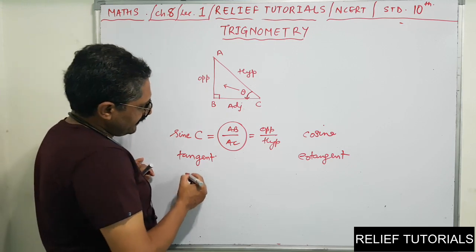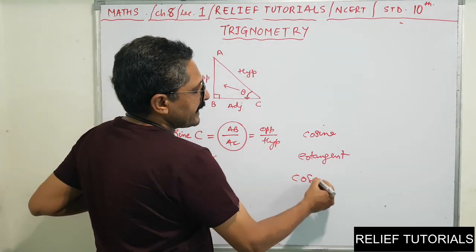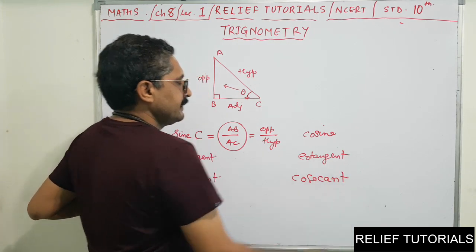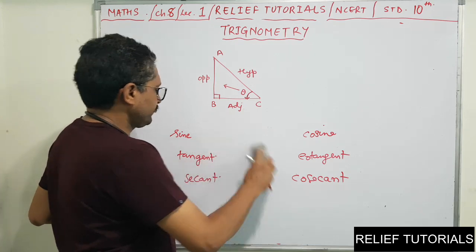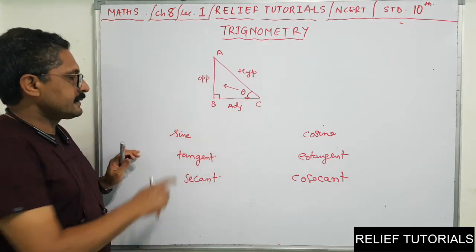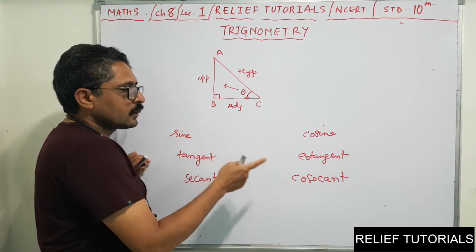Then one is secant, the other is cosecant. So there are six ratios. Clear? Sine, cosine, tangent, cotangent, secant, cosecant.